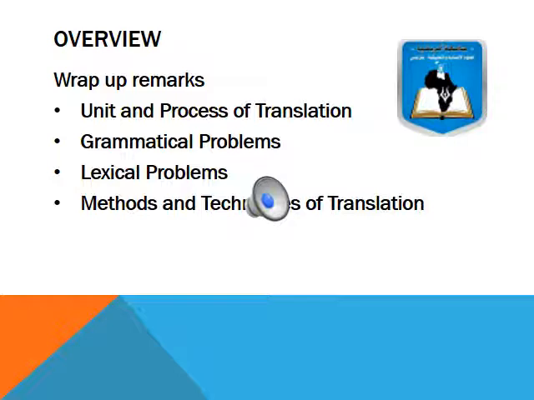If it's modulation, or sometimes you can't find the equivalent word for the source text when you render into the target text, you need an explanation, and that's one technique. If you can't find the equivalent meaning, sometimes you have to provide explanations. We talked about this in previous lectures. You have only to go over the books and lectures and take notes. So all these different types you will find in our previous lectures.